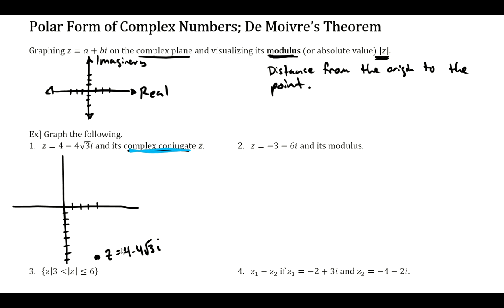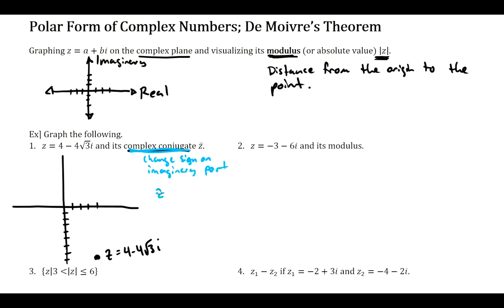Okay, so again, we did our real part and then the imaginary part on our x and y axis with respect to those two. Okay, the complex conjugate. So a conjugate just means to change the sign on the imaginary part. That's all.